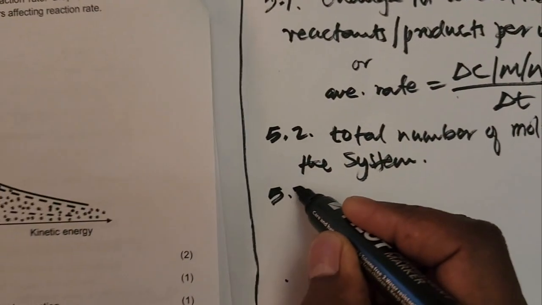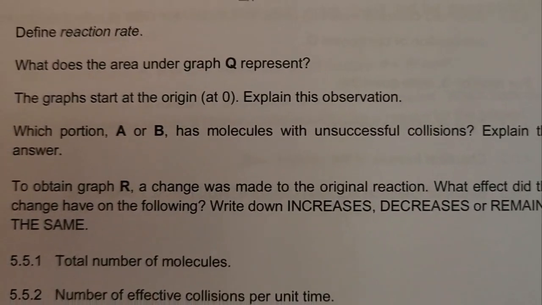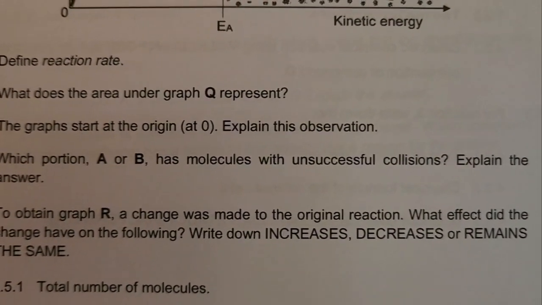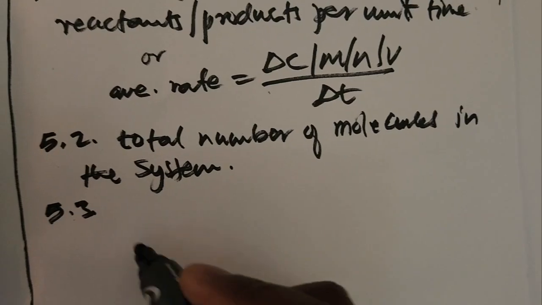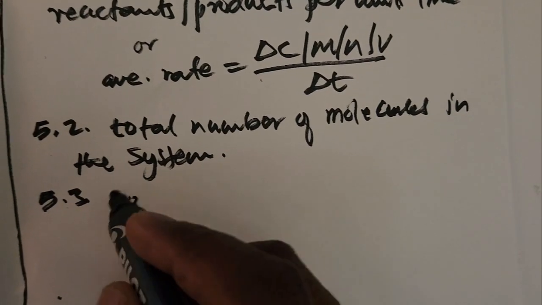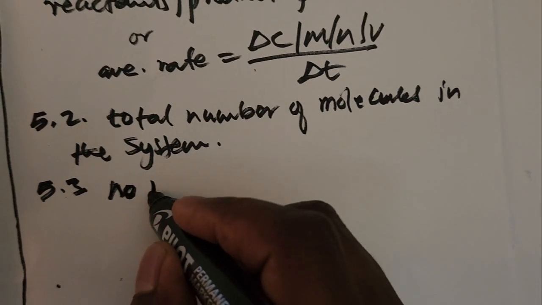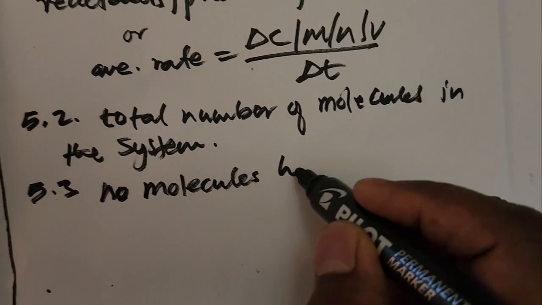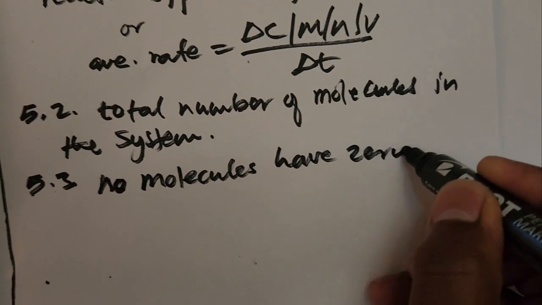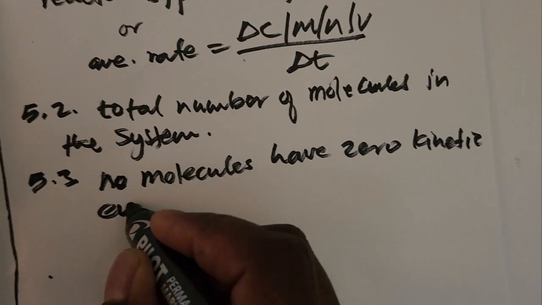Then 5.3, the graph starts at the origin, at 0. Explain this observation. In relation to the Maxwell-Boltzmann curve, it means that no molecules have zero kinetic energy.